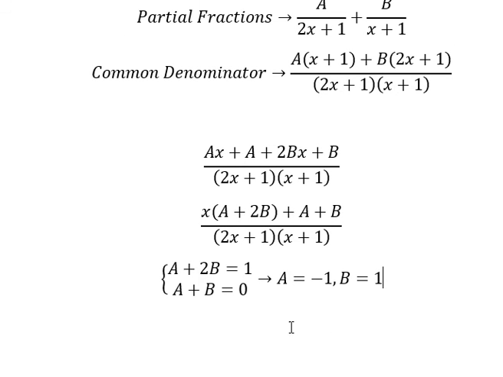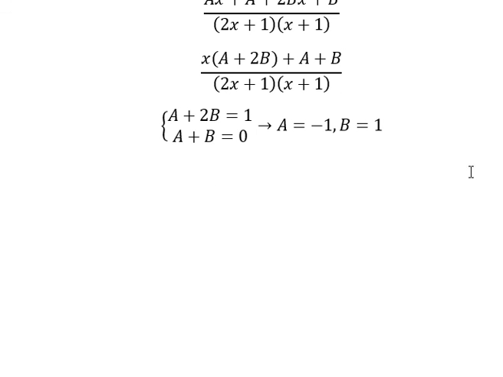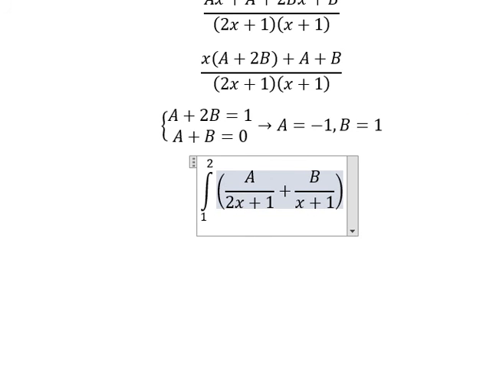So we put the values of A and B in here. And now we will have the integration from 1 to 2. So we put negative 1 in here and positive 1 in here.